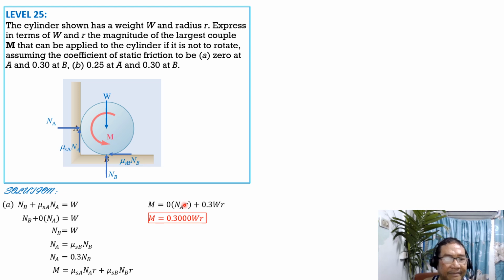Then for part B, mu sub SA is 0.25, mu sub SB is still 0.3. So N sub B is now the same equation as this, where we substitute the value of mu sub SA, which is 0.25.